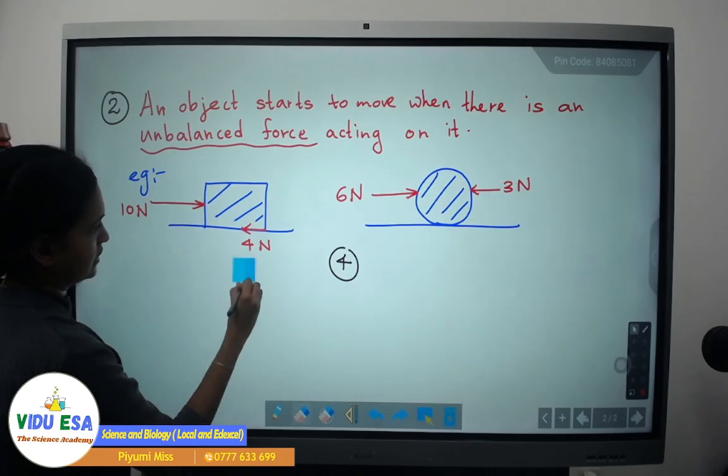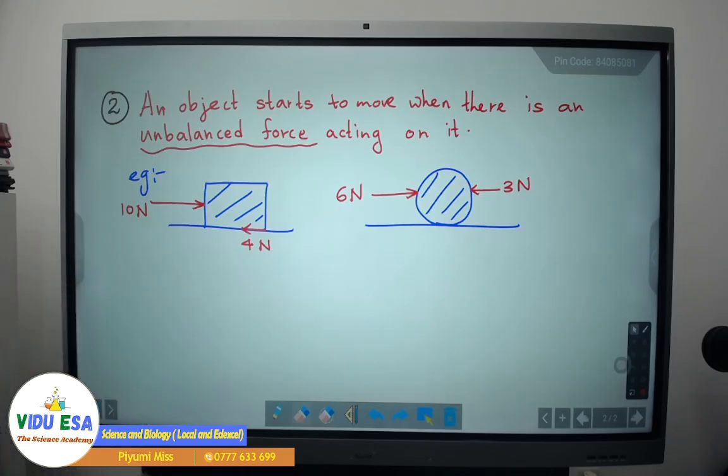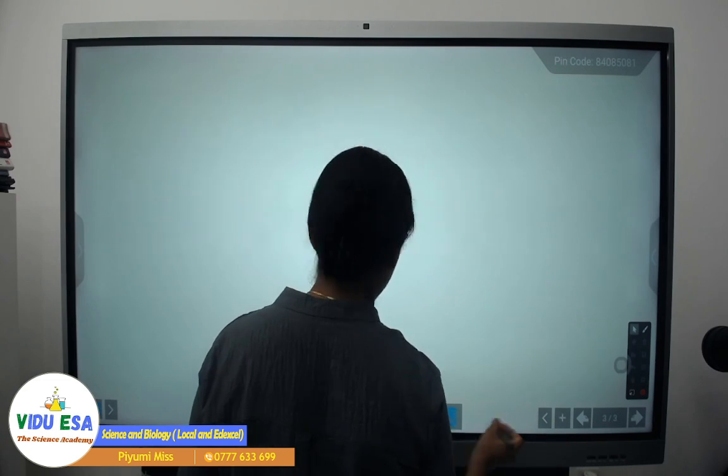I will write the next 2 on a new page. Right? Write this for the second point. Then I have to mention 2 other instances for a moving object, right? ඉවරයි නේද? Right.